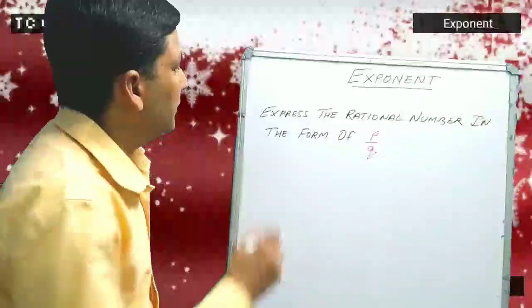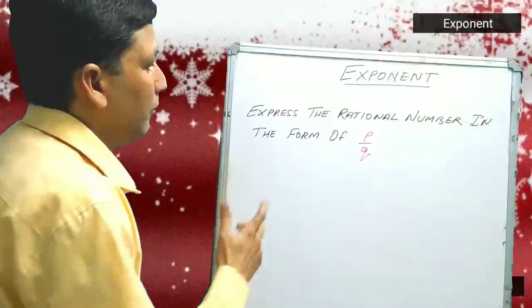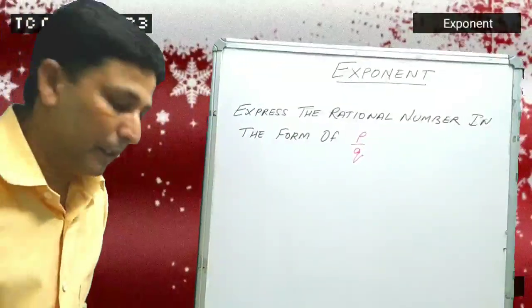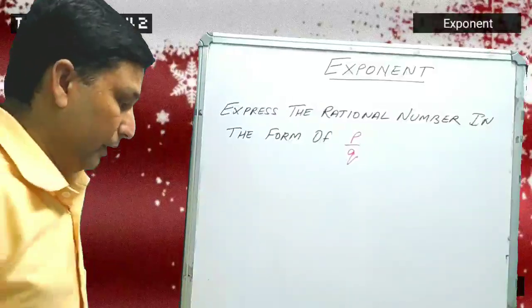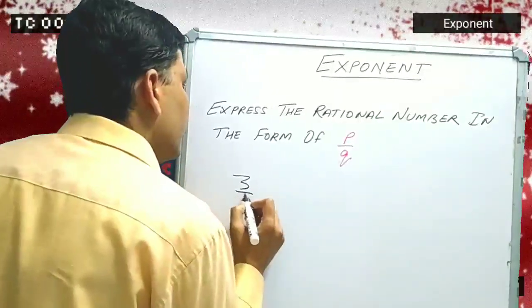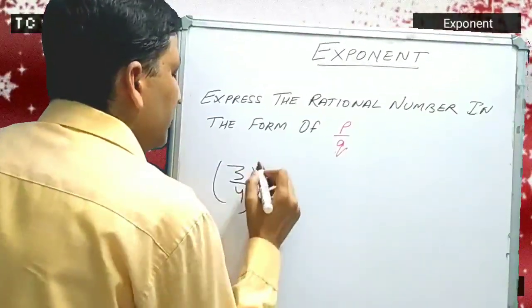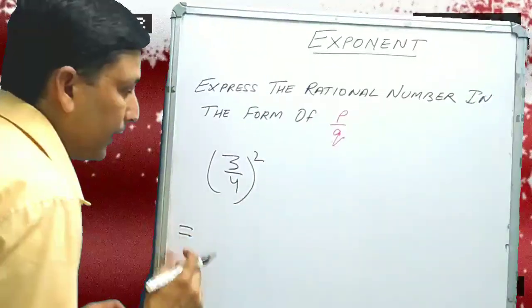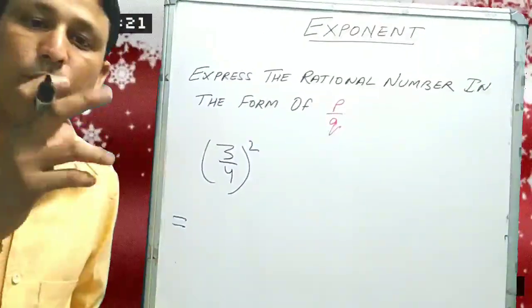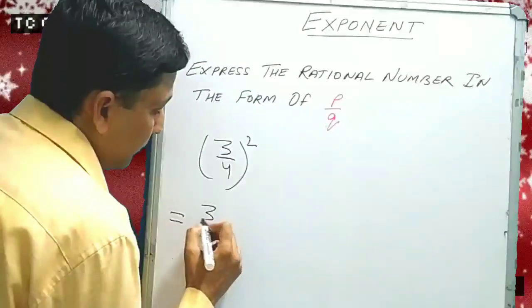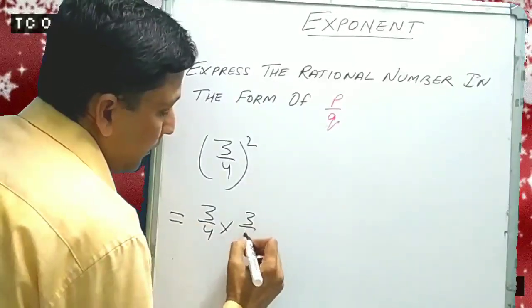Next topic is express the rational number in the form of P upon Q. Let's take an example. If I write 3 upon 4 raised to the power 2, here you have to expand 3 upon 4 for 2 times, like this: 3 upon 4 into 3 upon 4.